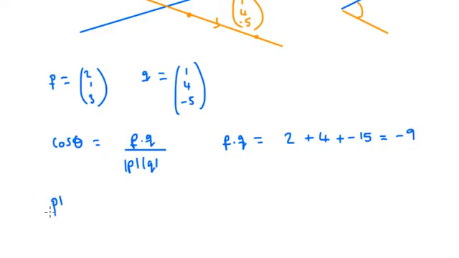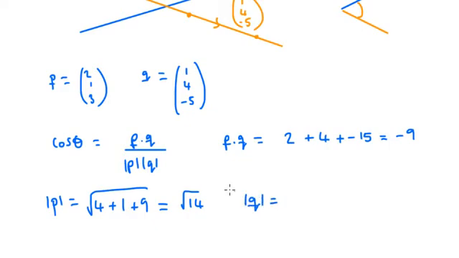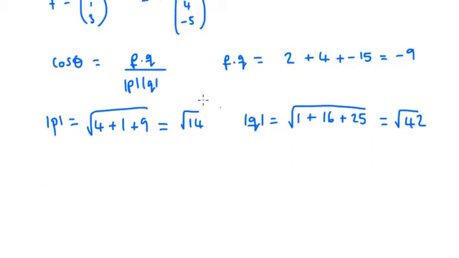The magnitude of P is your 3D Pythagoras, so we're going to do 2 squared plus 1 squared plus 3 squared square rooted, which is √14, and the magnitude of Q is going to be 1 squared, which is 1, 4 squared, which is 16, and -5 squared, which is 25 square rooted, and that is √42. So now we've got everything we need.